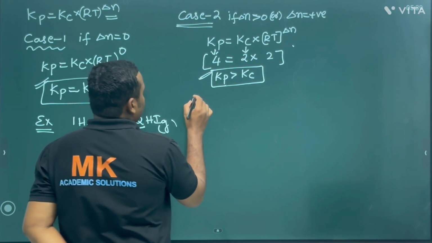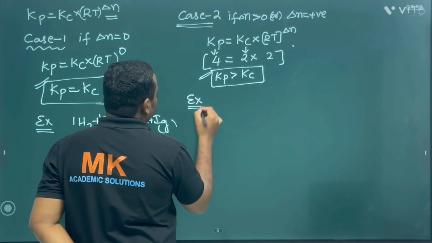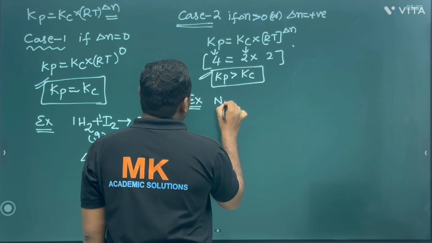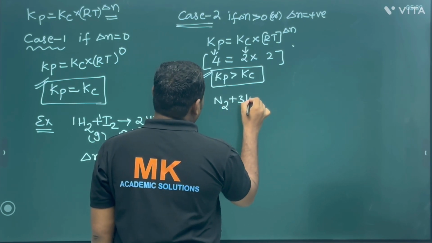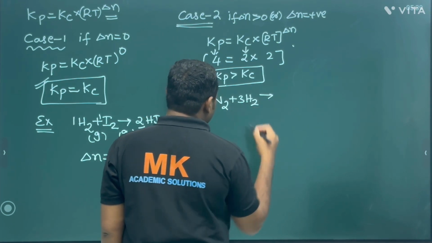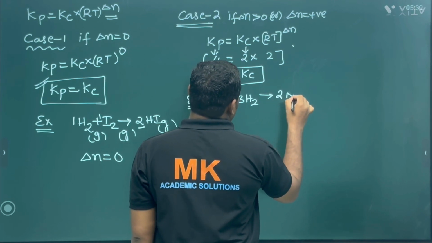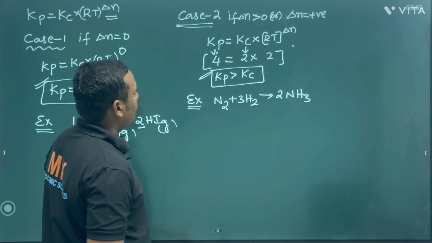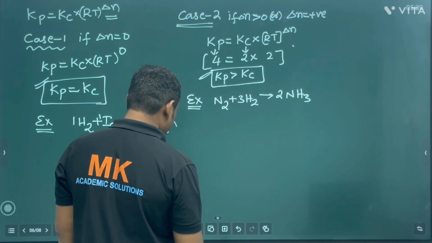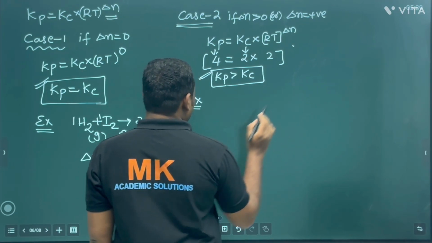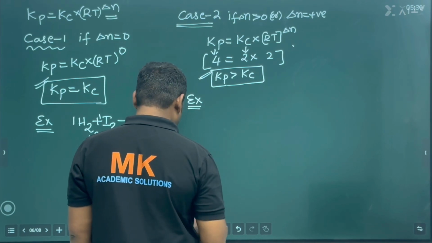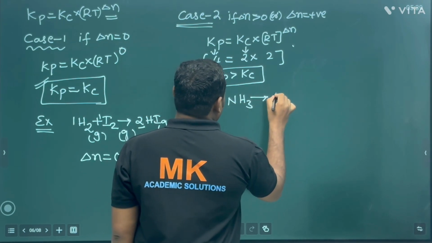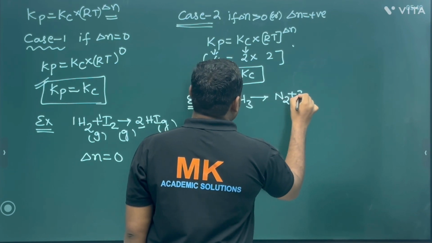See here an example. You can take N2 plus 3H2 gives rise to 2NH3. Okay, so just inverse this reaction: 2NH3 gives rise to N2 plus 3H2.